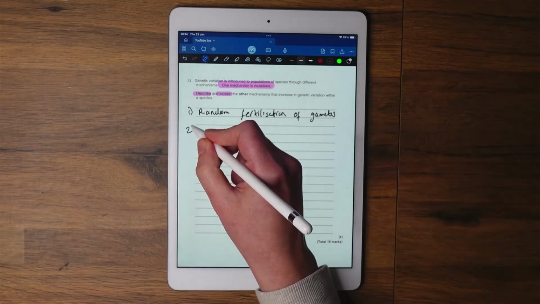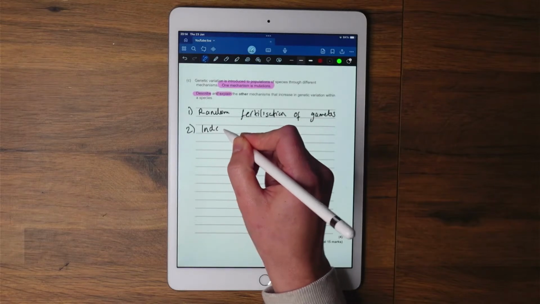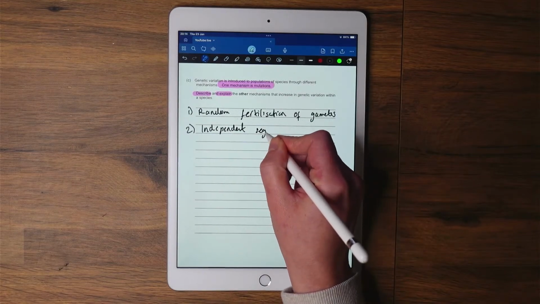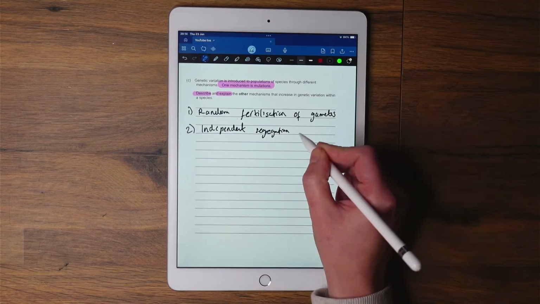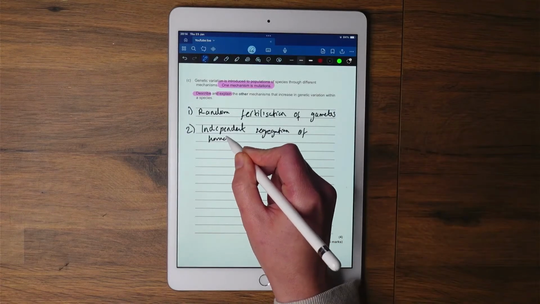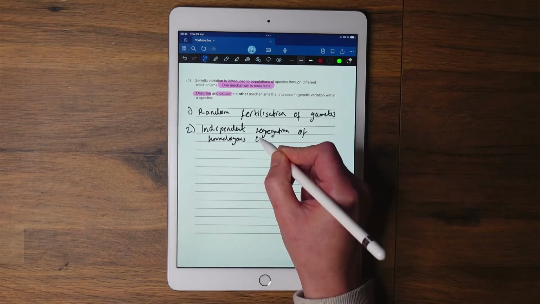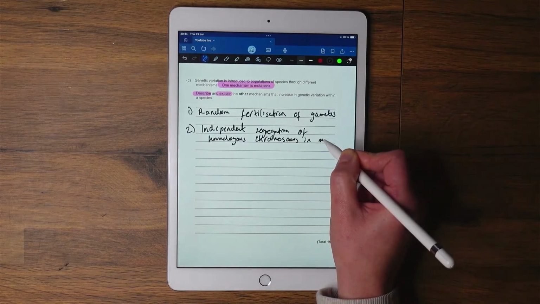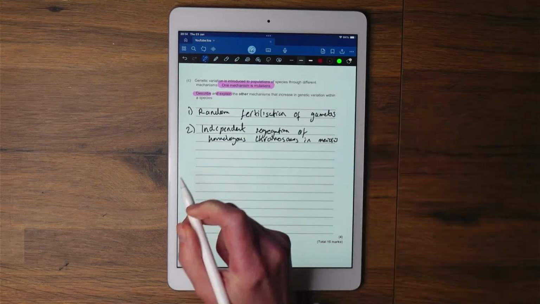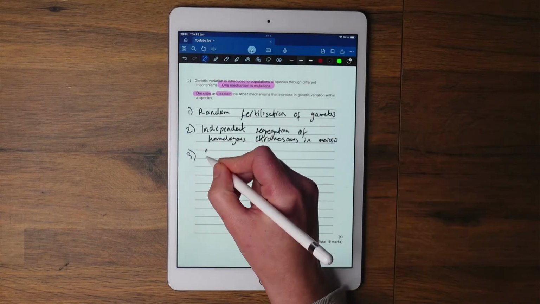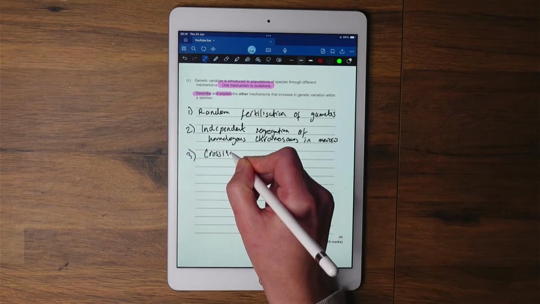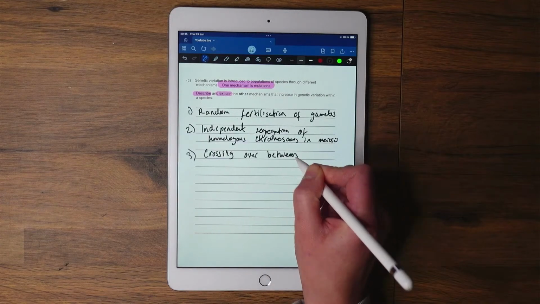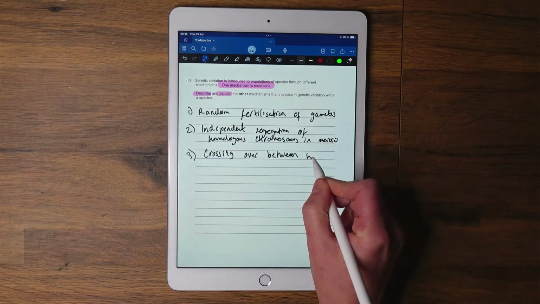So we have independent segregation of homologous chromosomes in meiosis. And we also have crossing over between homologous chromosomes.